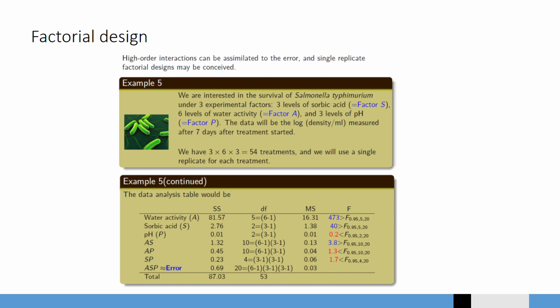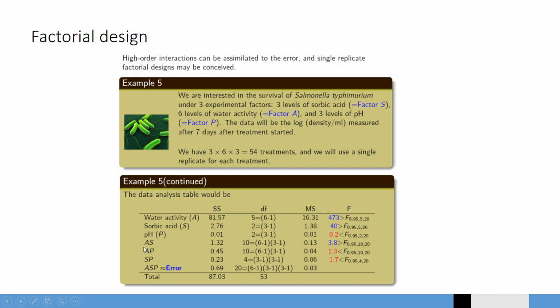And when you compute the ANOVA table, you can count how many degrees of freedom you have for each one of the combinations. So you have 6 water activities, so you will have 5 degrees of freedom for that. You have 3 levels of sorbic acid, so you will have 2 degrees of freedom for that, and 2 for the pH, and you have second order interactions.